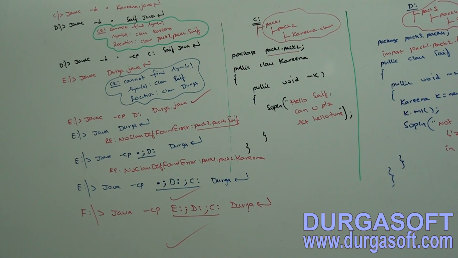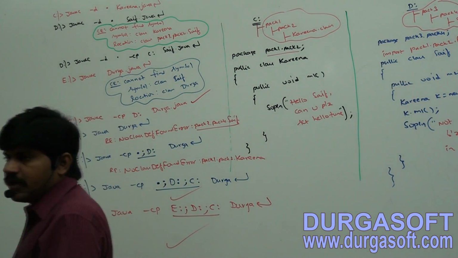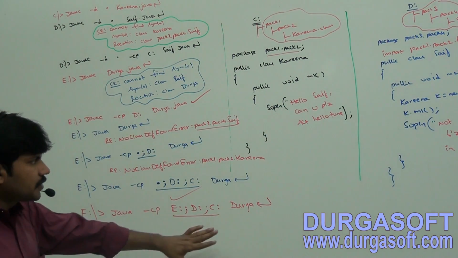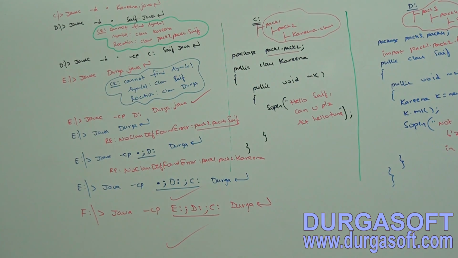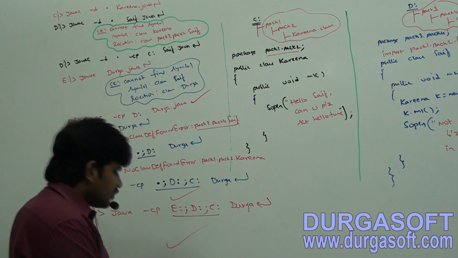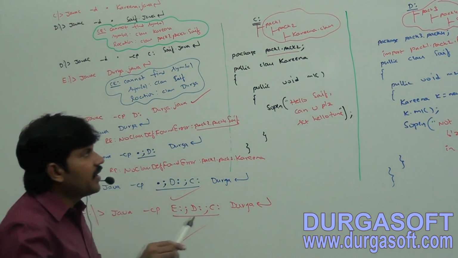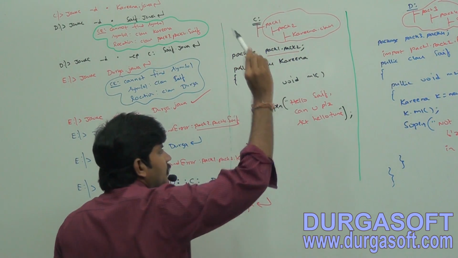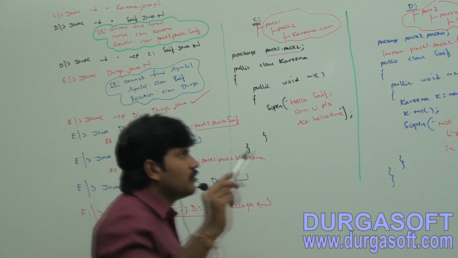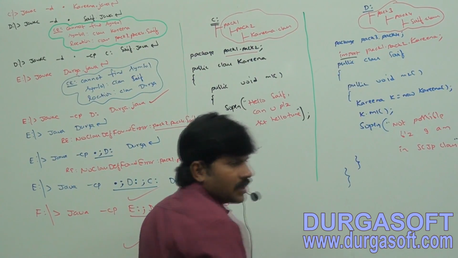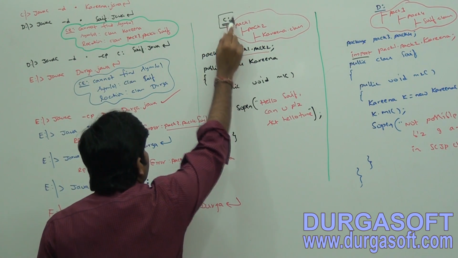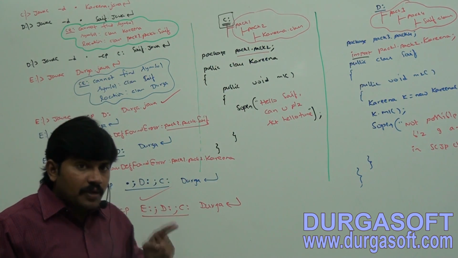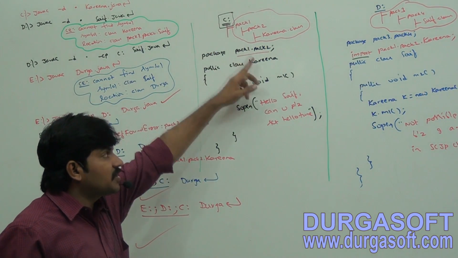Now next one, listen very carefully about this one. Keep supporting the conclusions of the theory we discussed. If any location is created because of a package statement, that location should be resolved by using an import statement, correct or not? And where the base package is available, that location should be placed in the class path.